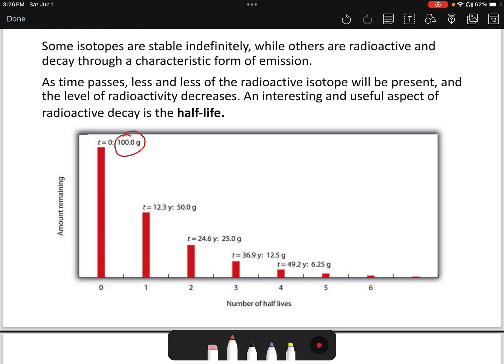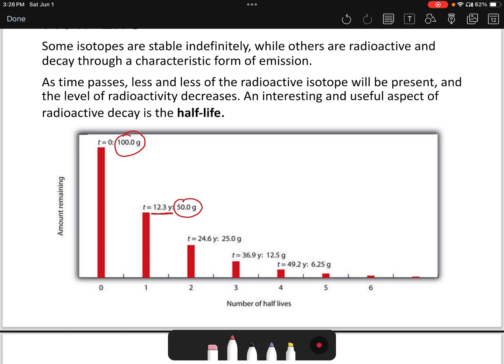There's going to be a certain amount of time that passes before we get to 50 grams of the sample, or half of the sample. Now, this particular sample takes 12.3 years to decay to half its original amount.